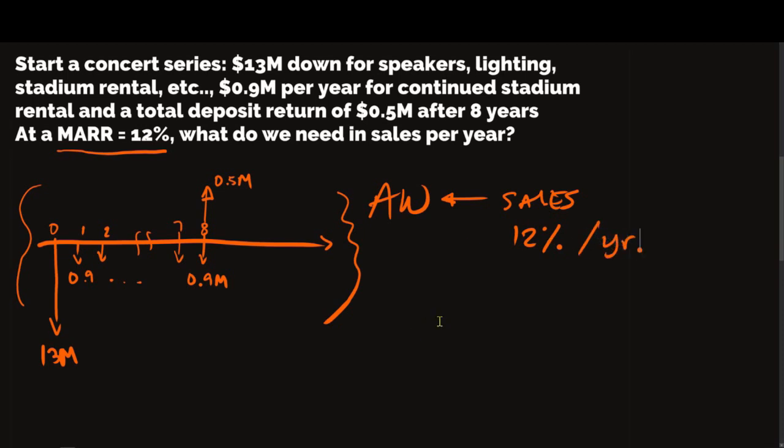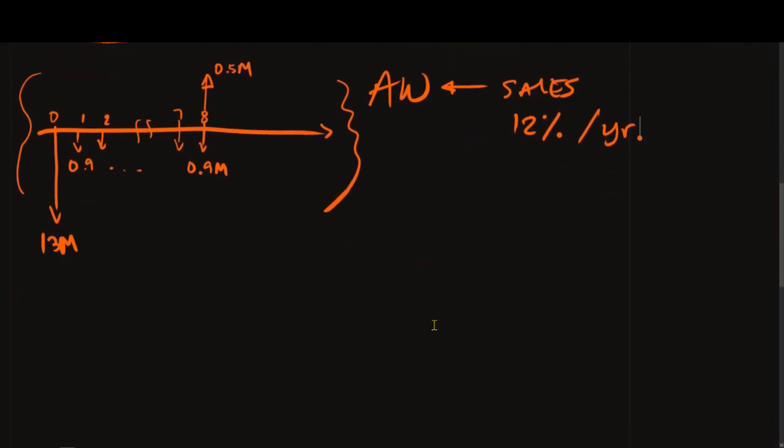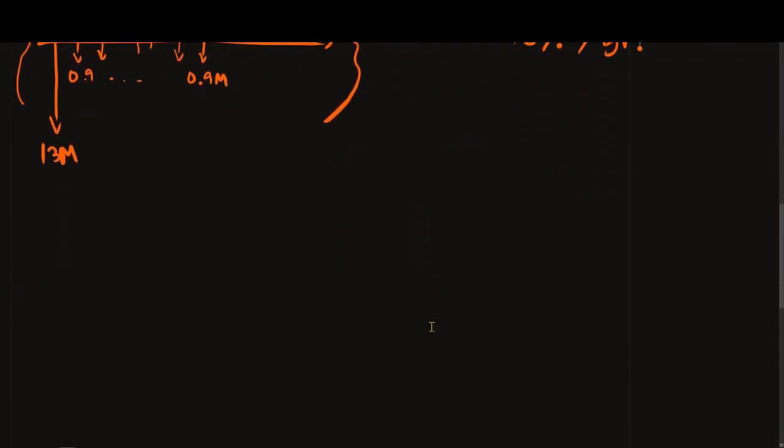So how do we solve that? What do I need in sales? I'm going to find AW. So AW is minus 13 million, and I'm looking for A given P, 12% for 8 years. That's my upfront cost.